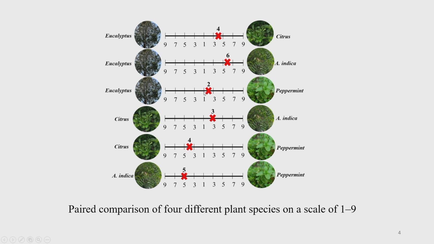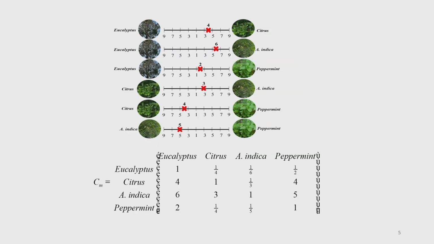Eucalyptus and peppermint are compared, so it is 2. Citrus and A. indica are compared, this is 3. Citrus and peppermint are considered, citrus is better, so it is 4. Who decides that? Experts have to decide. There may be many other methods, but usually the experts take the decision.